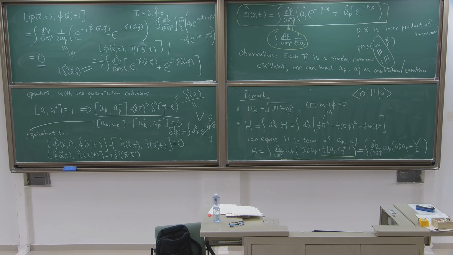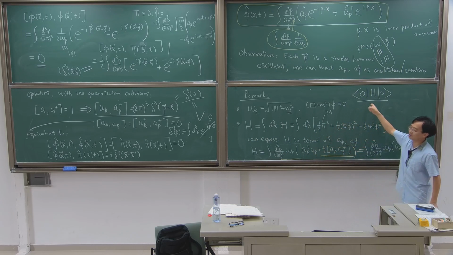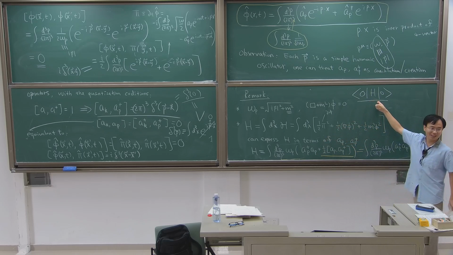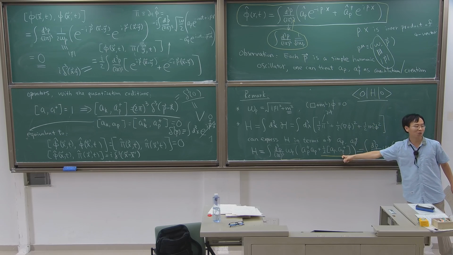We try to look at the energy density. You use this formula, plug in the operator definition of this H, and you realize that this A term will not contribute to the vacuum energy, because A kills the vacuum. You get 0, right? The first term. Only the second term contributes.